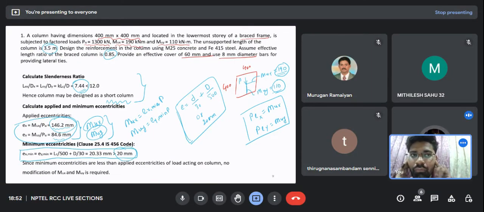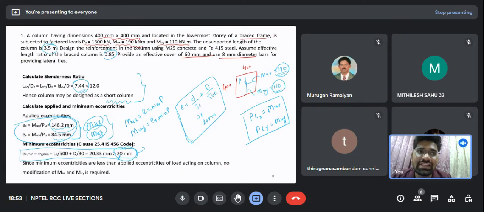What IS code says is, even if the column is subjected to a purely axial concentrated load, then also we have to design it for a minimum eccentricity of 20, because this is the accidental eccentricity we have to take. But now I just gave you a case, what if the accidental eccentricity is greater than the actual eccentricity to which the column is subjected.